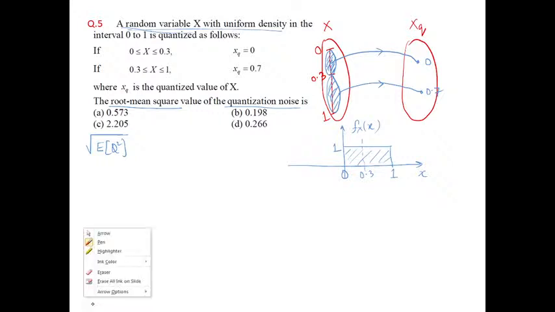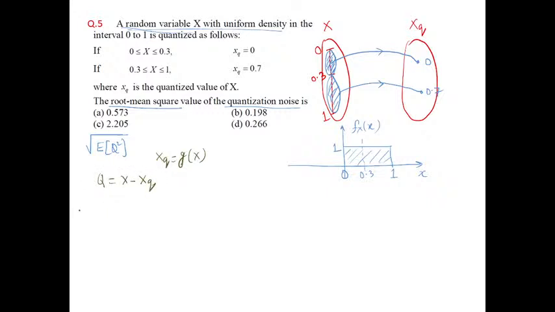Now how will you find out the quantization noise? Now what is xq? Xq is simply a function of x, right? And what is q? Q is another function of x, right? Q is another function of x. So this q, let us write it as g(x). So what will be eq square?